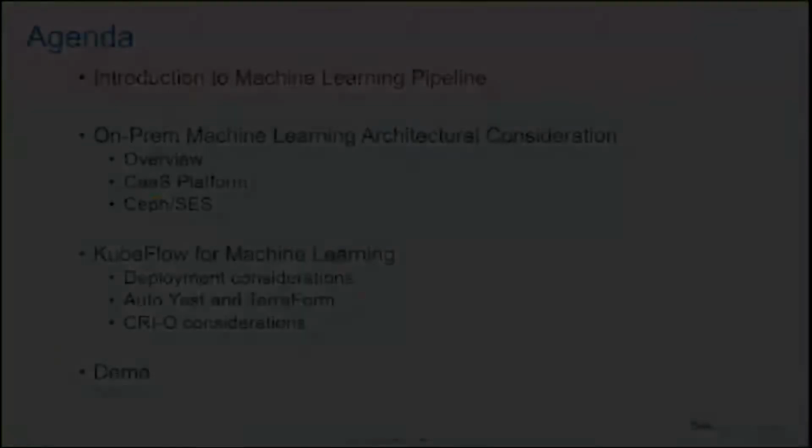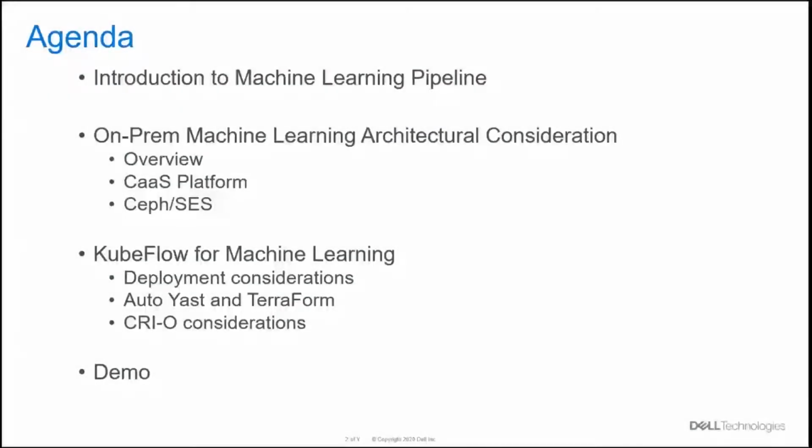So with that, I wanted to set up a stage. It's going to be a very quick intro into what we are planning to cover today. So we're going to go over a very high level on machine learning, what it means as a process in terms of pipeline, as we call it.